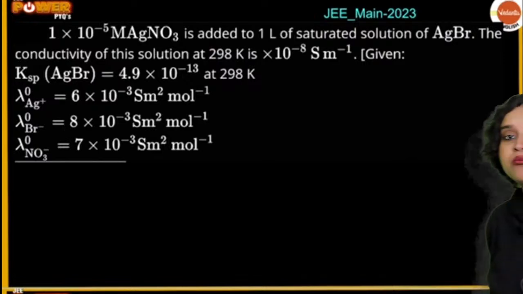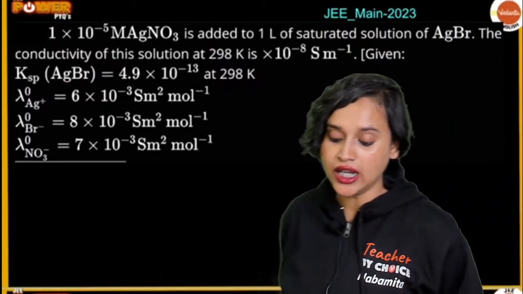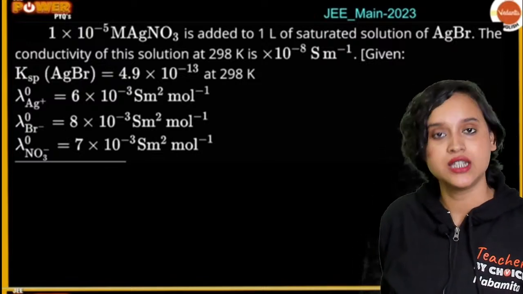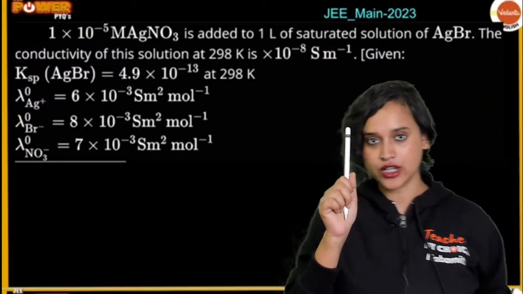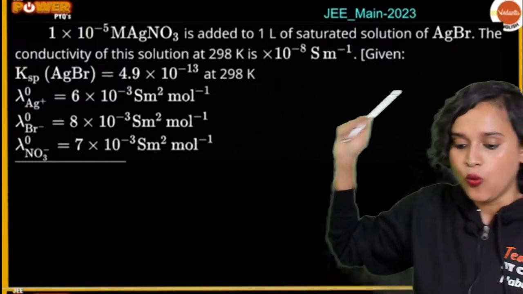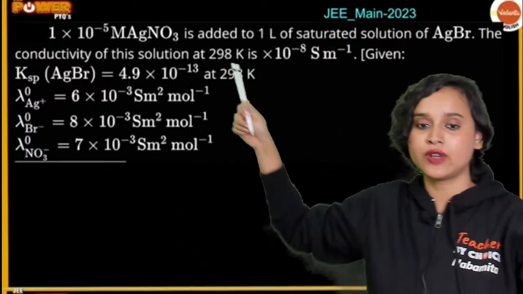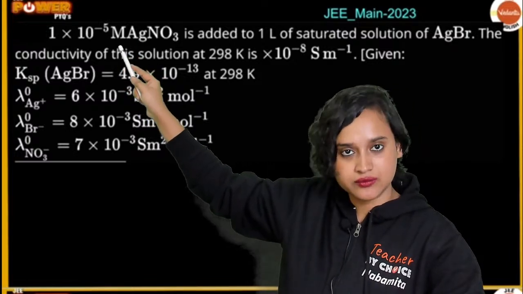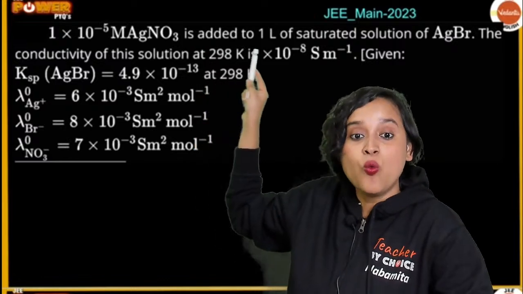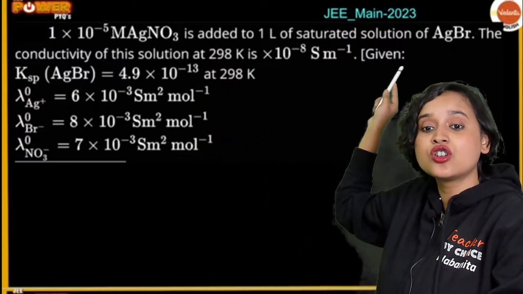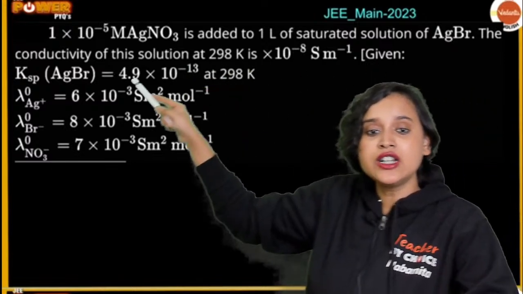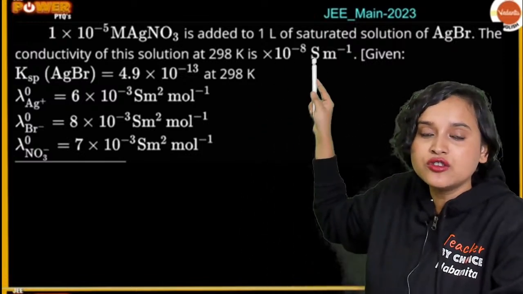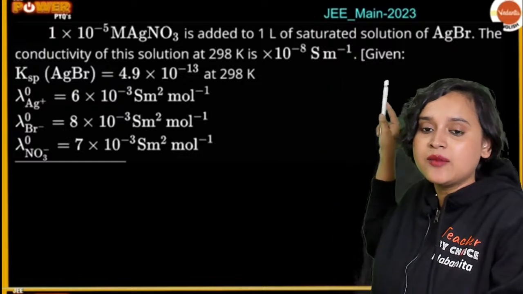1 into 10 to the power minus 5 molar AgNO3 is added to 1 liter of saturated solution of AgBr. Everybody read the question. The conductivity of this solution at 298 Kelvin is dash into 10 to the power minus 8 Siemens m to the power minus 1.